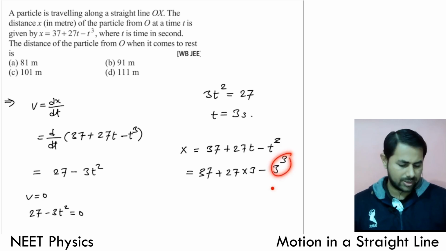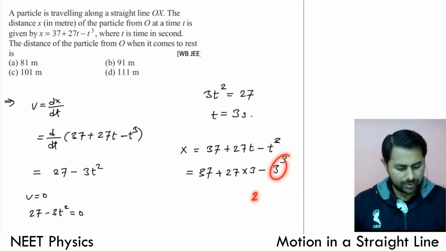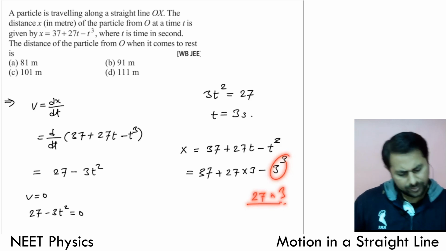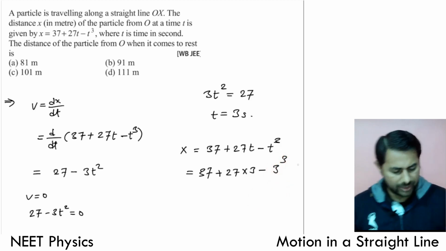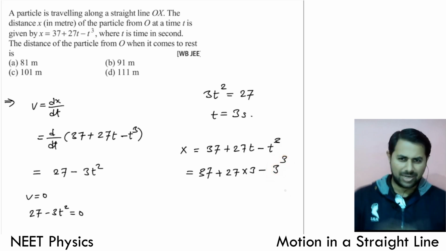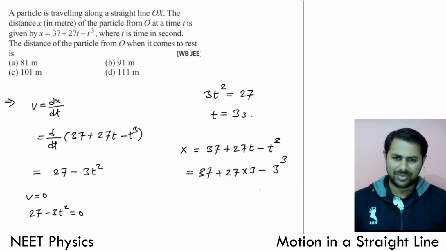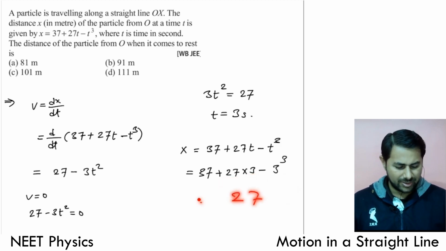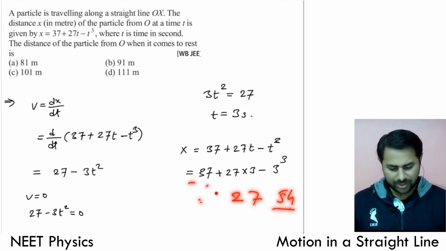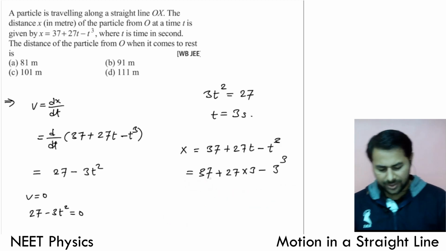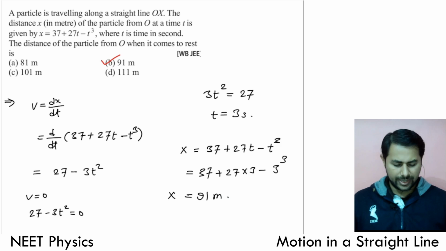Okay, so this is 27 and it's 3 minus 1, so it's 27 times 2. 27 times 2, that's 54. 54 plus 37. How much is 54 plus 37? 91, right? So the answer would be 91. So x will be equal to 91 meters.